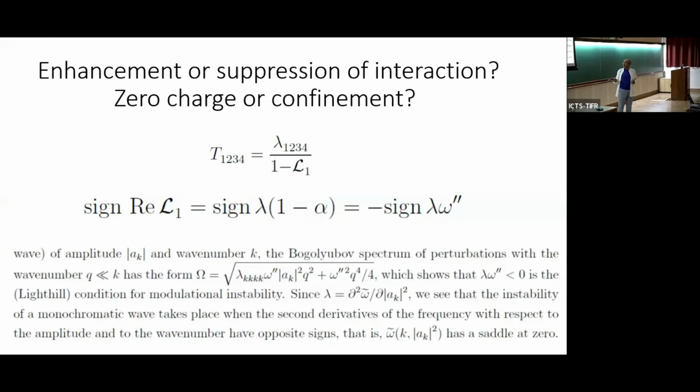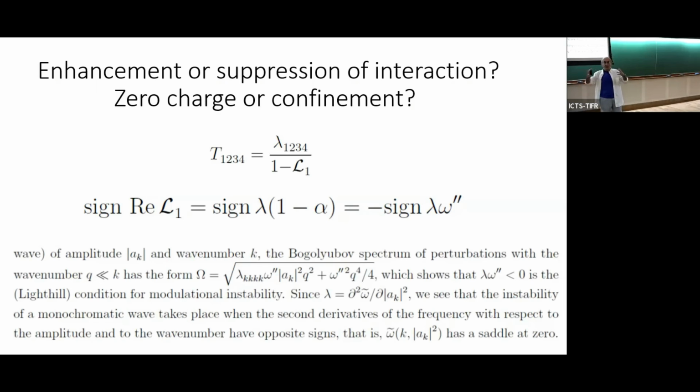It's a Bogoliubov formula for fluctuation of a condensate, or modulational instability of a given wave, or criterion for existence of solitons. If your lambda and omega second derivative have opposite signs, it tells you that you can have solitons in the system, that your nonlinear interaction could be compensated by your wave dispersion.